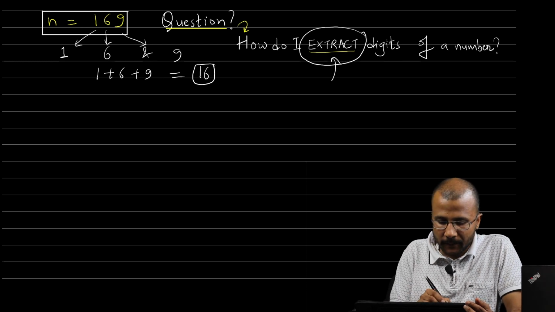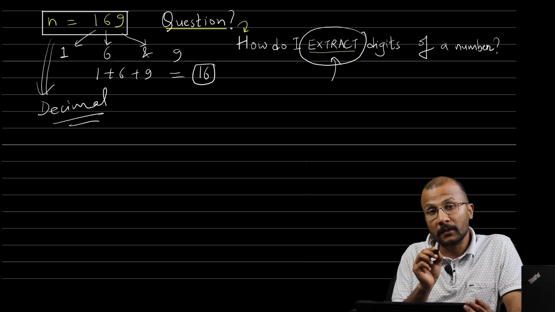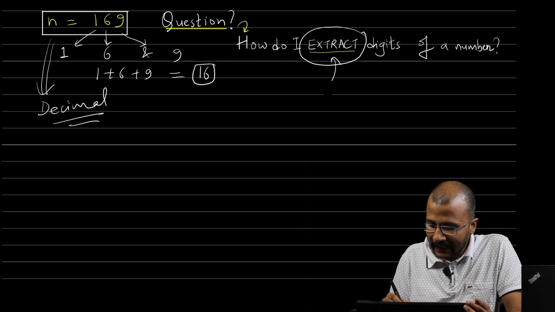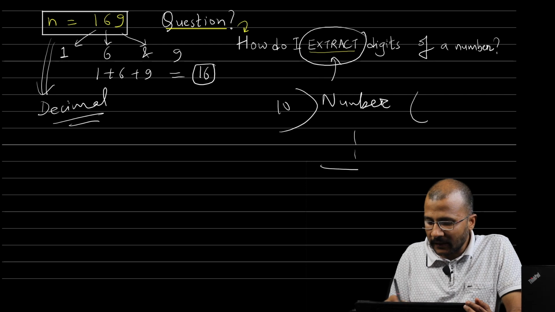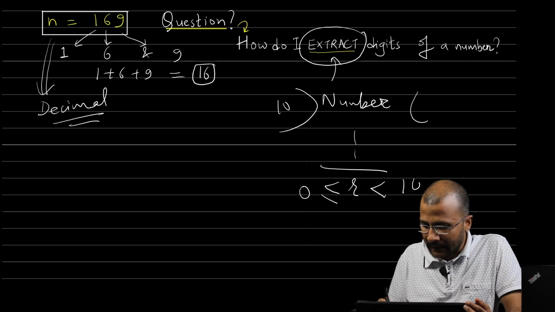Now the number that we are talking about is a decimal number, right? And if you can recall, if you divide any number by 10, what would be the remainder? By the remainder theorem, you must be aware that the remainder r would be greater than or equal to 0 and less than 10, right?